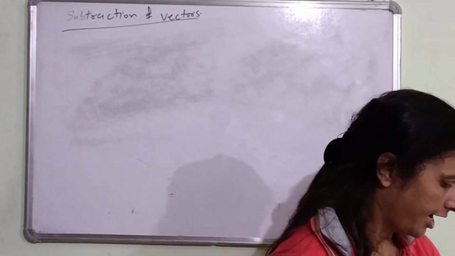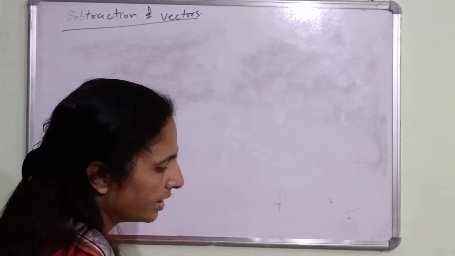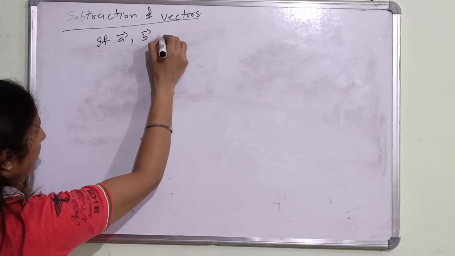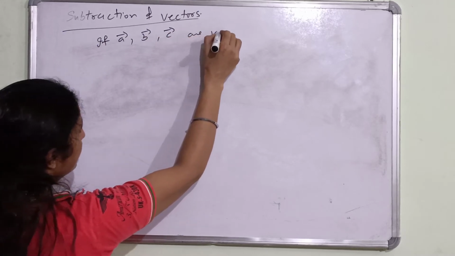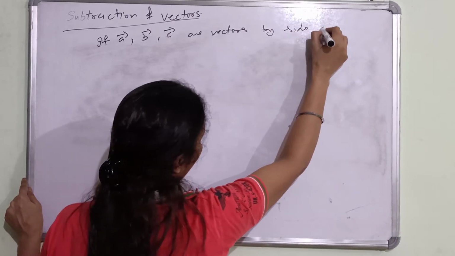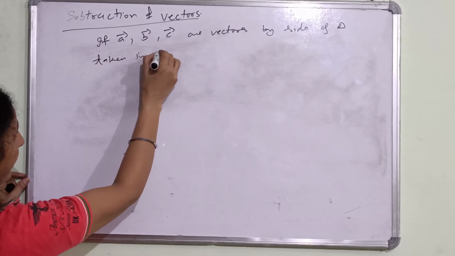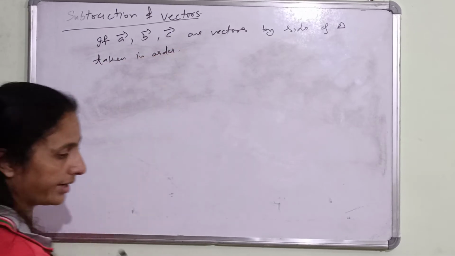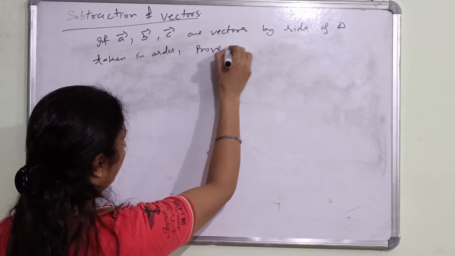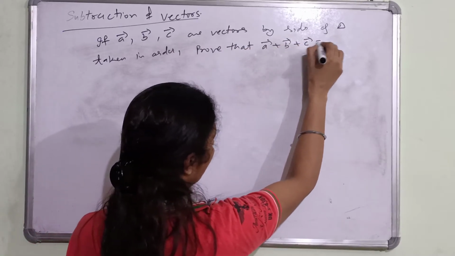If A, B, C are vectors by sides of a triangle taken in order, right? Taken in order. So we have to prove that A plus B plus C is equal to 0.